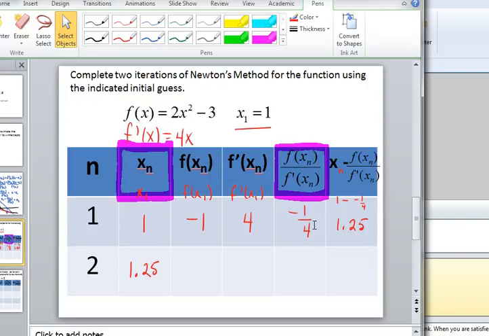So let's go ahead and finish our second iteration. What this value means is it's closer to that x-intercept, and by finishing this one, we will be even closer to that x-intercept. So we're going to take 1.25 now and plug it in for our f of x, because we're supposed to figure out what f of x sub 2 is now.